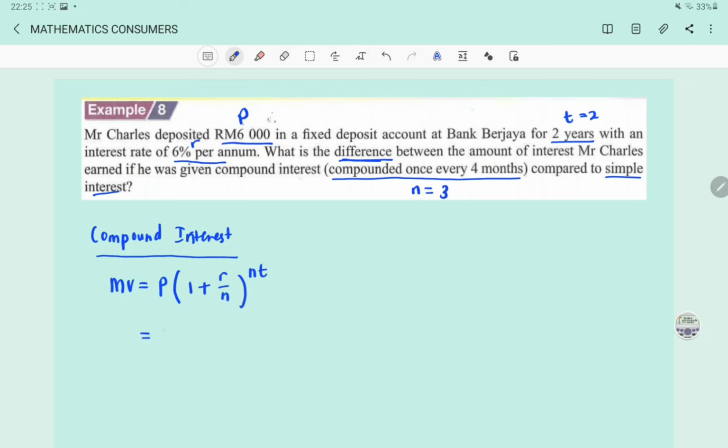The principal is 6,000. So this one is 6,000 in bracket 1 plus R over N. R is 0.06 over N is 3, to the power of N times T, 3 times 2 years.